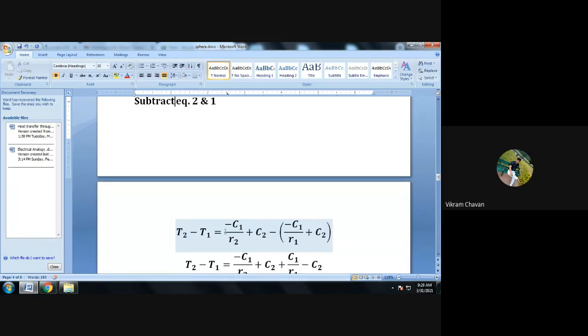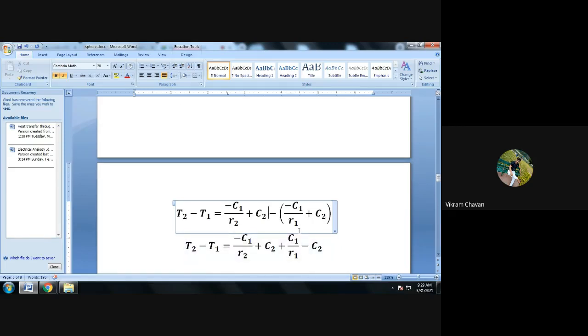This is our first equation part, minus C1 divided by R2 plus C2. Now we are performing the subtraction, so the second equation will be minus of the bracket, minus C1 divided by R1 plus C2.